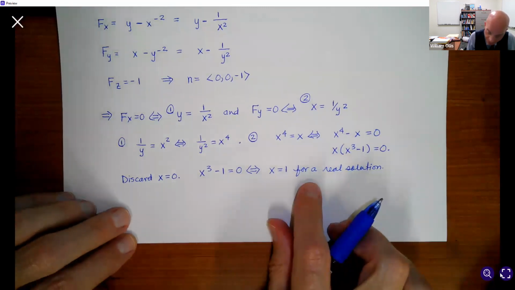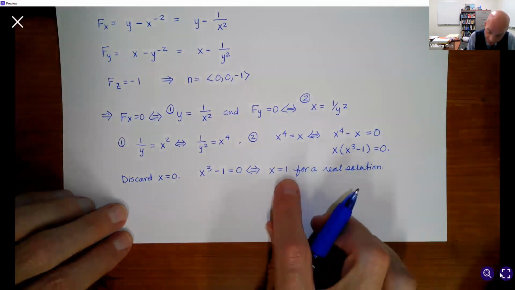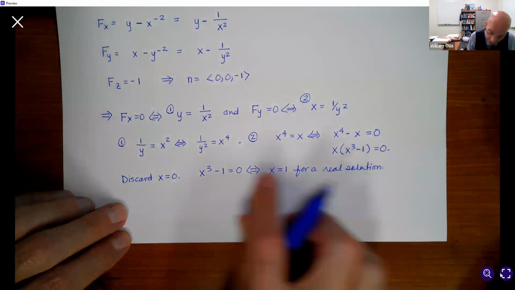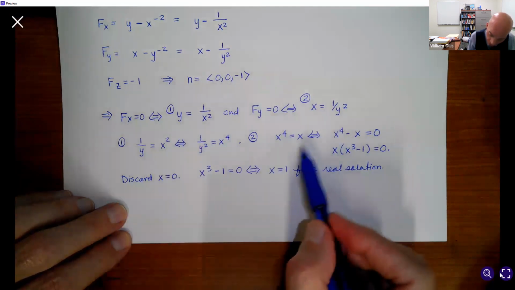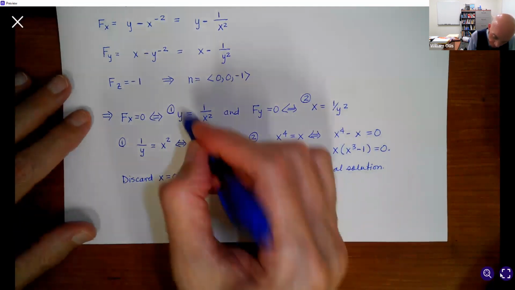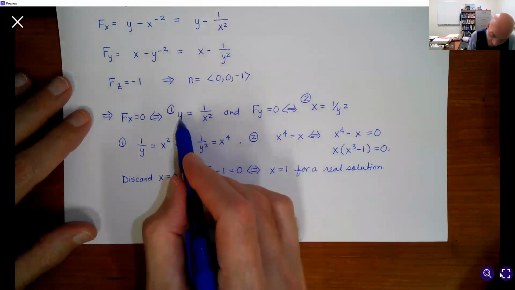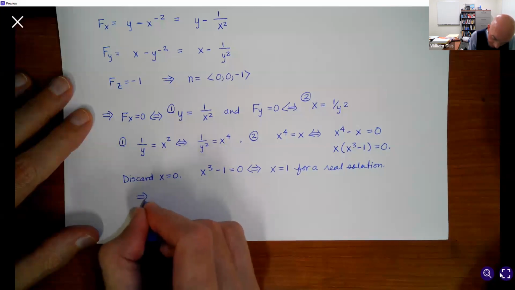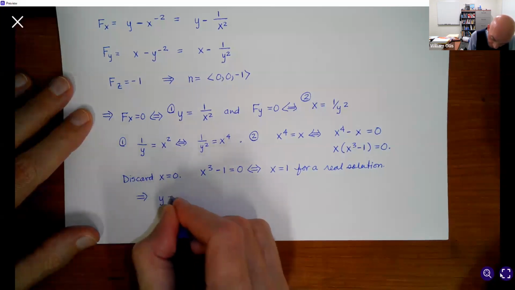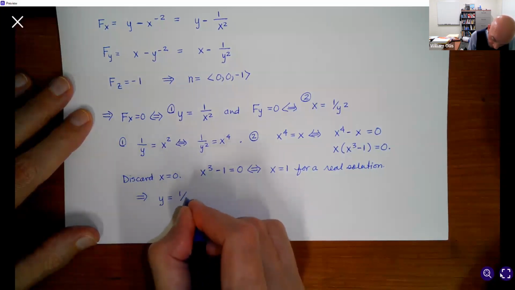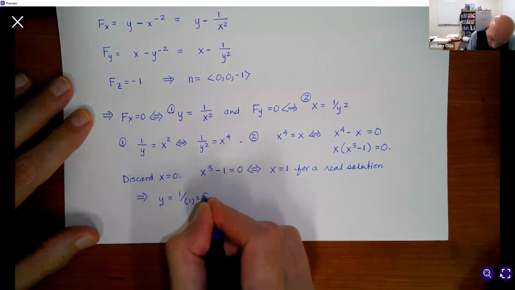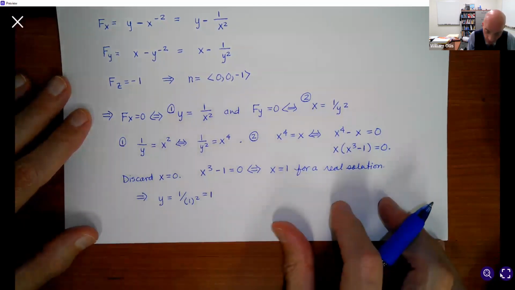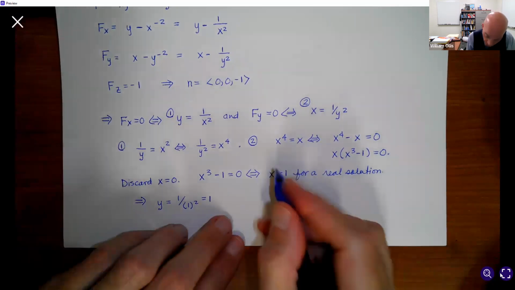So now we've got a value for x, but clearly, if we just go back to what we have here, number 1, if y is equal to 1 over x squared, this just implies that y equals 1 divided by 1 squared, which is clearly 1. And now we can go to our original equation.